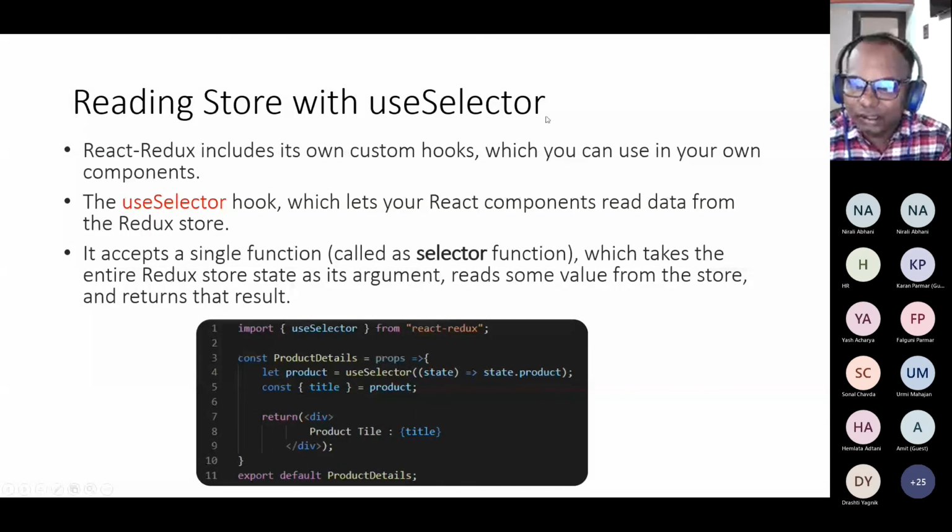Basically, that hook you can use for reading the data. This hook will take one function, and that function will have the input as a state, right? And you can return any particular state of your store, like product. Right now I have product as one array which I want to return.